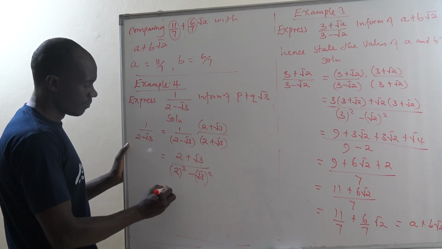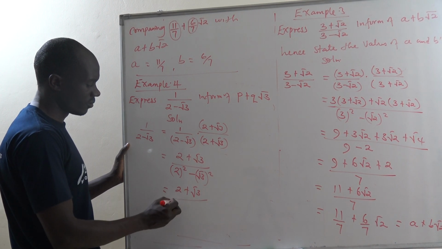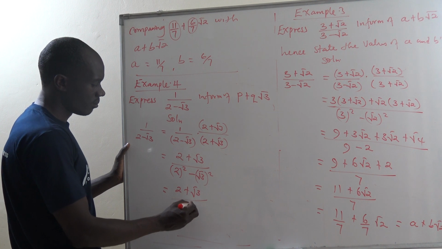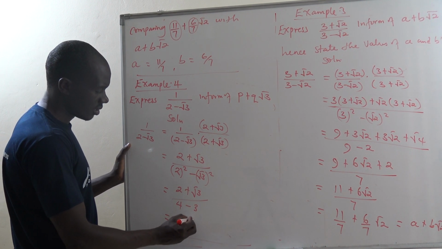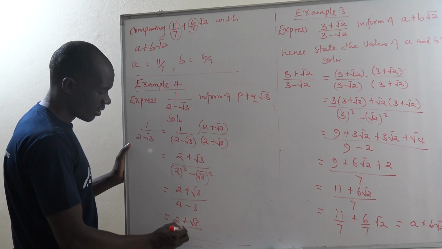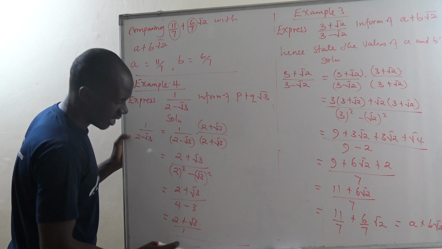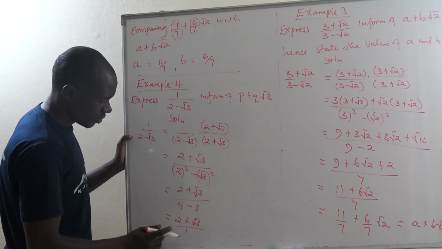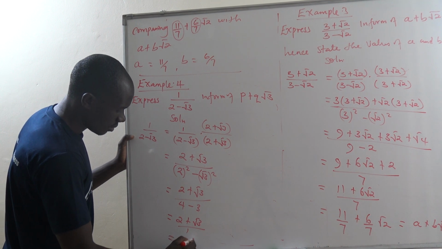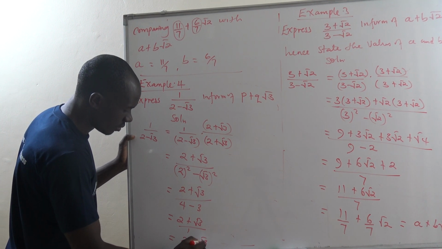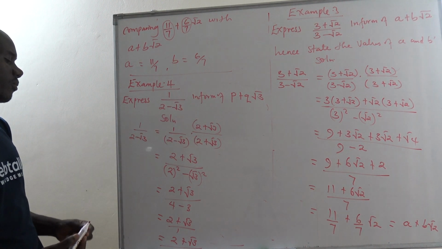What does it become? 2 plus root 3 all over, what is 2 squared? That is 4 minus 3, which becomes 1. 2 plus root 3 all over 1, and anything out of 1 is the same as that very stuff. So this equals 2 plus root 3.